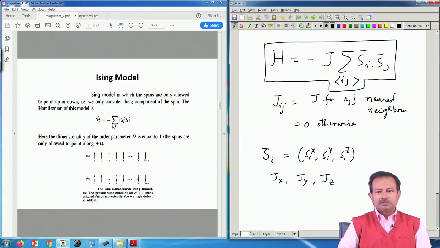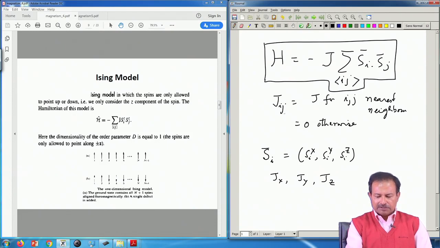And the other thing that you need to know is on what lattice these spins are residing. Once these two are supplied, one can write down the corresponding model and solve it and go on working with that model. So, that is the whole program of solving or working with spin models.